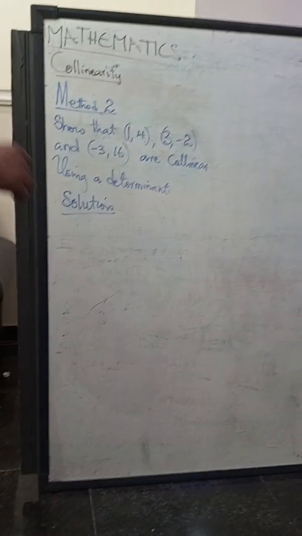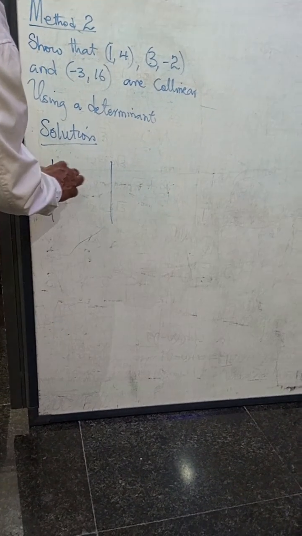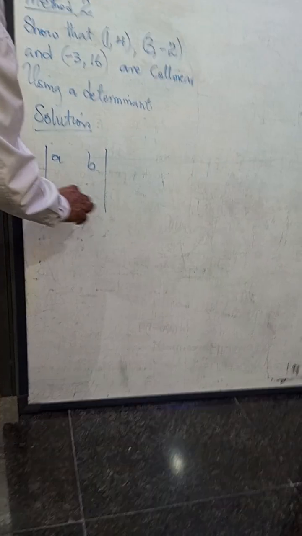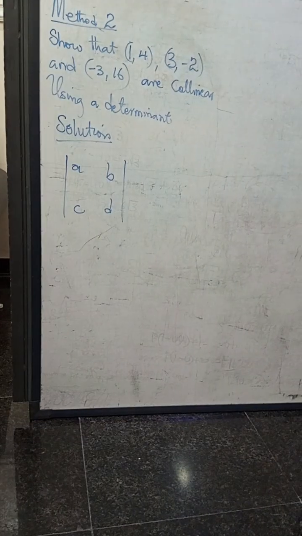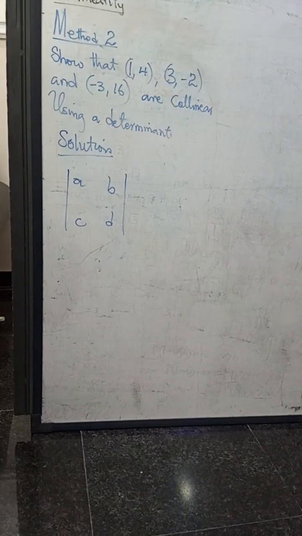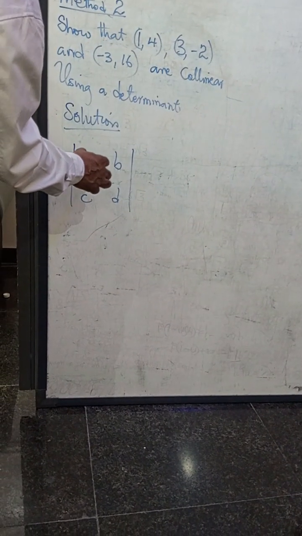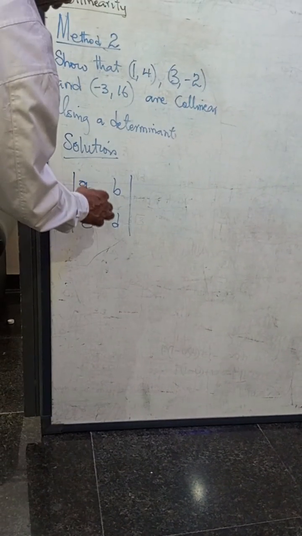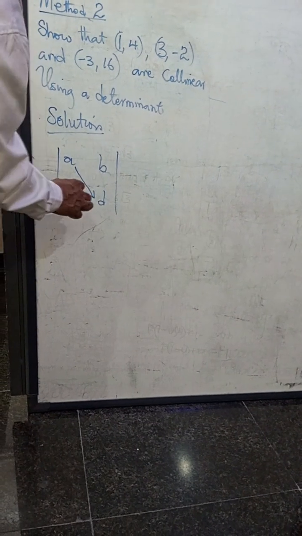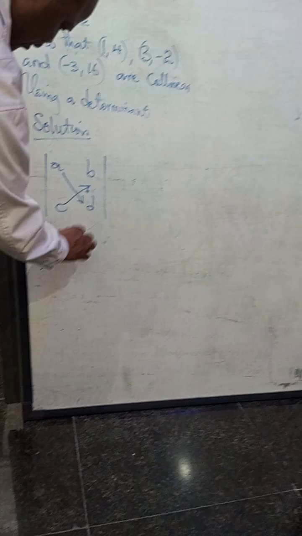Let's say, for instance, you have points like A, B, C, D. To find the determinant of these 4 points in this array simply means we are going to multiply A by D minus C by B. And that will give us AD minus BC.